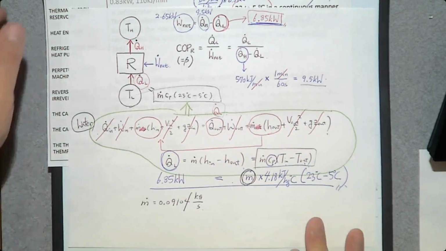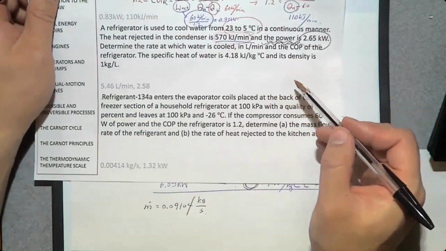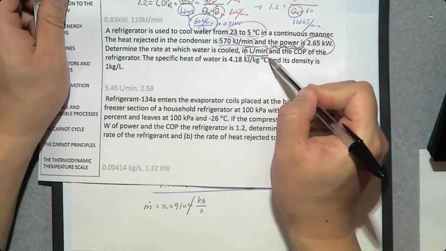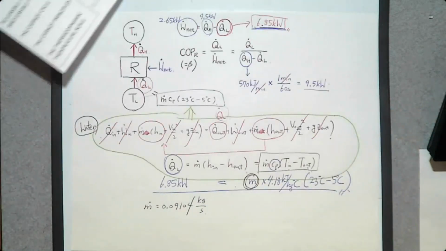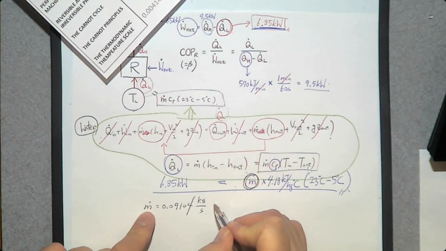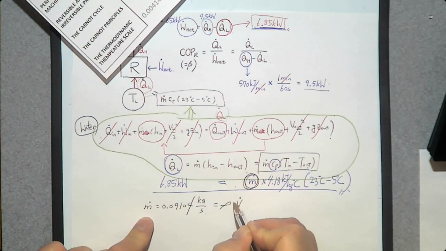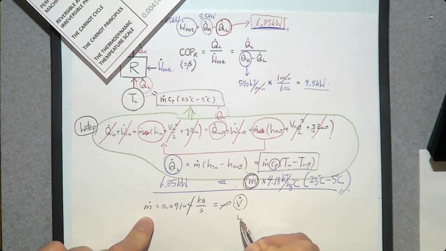Now, we want to determine this flow rate in liter per minute. Liter per minute is volumetric flow rate. M dot can be determined by density times volumetric flow rate, and this one should be in liter per minute.